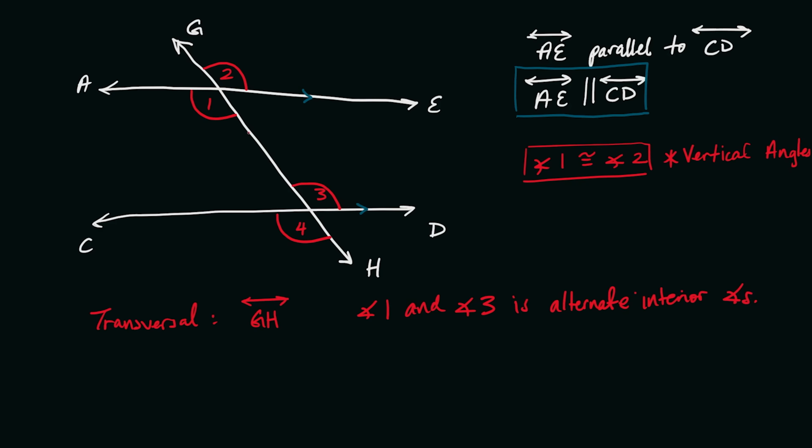The main reason why is because angle 1 is over here, and angle 3 is over here. They're on opposite sides of the transversal, but at the same time, they're also on opposite ends of the parallel lines, and they're on the inside and not the outside. And of course, they're congruent to each other. So angle 1 is congruent to angle 3.